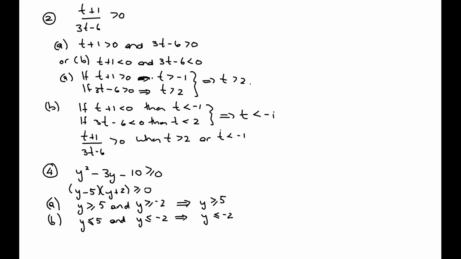So those two answers combined would give us that, well, we couldn't write it any other way. We can't write it as a combination statement. But if we look at the graph, now it's a parabola, it's going to cut through 5 and negative 2 and negative 10. So it's going to be something like that.